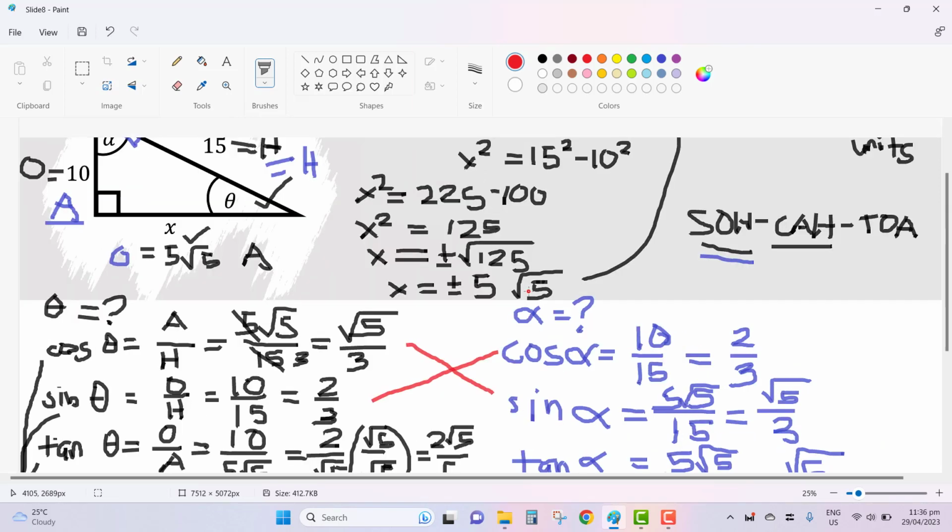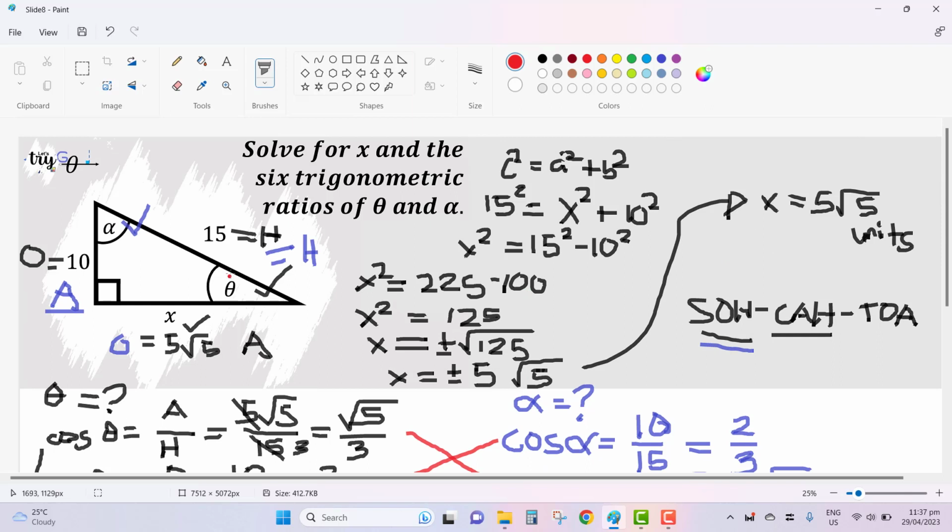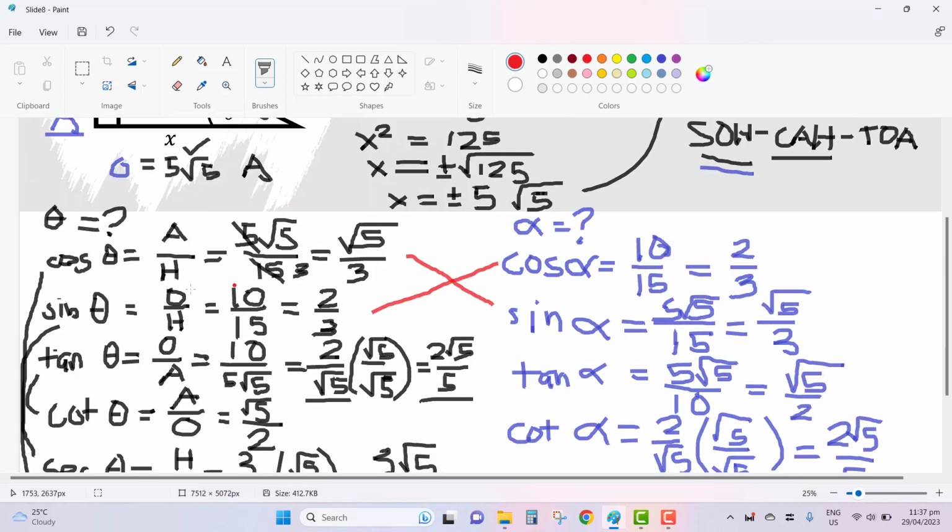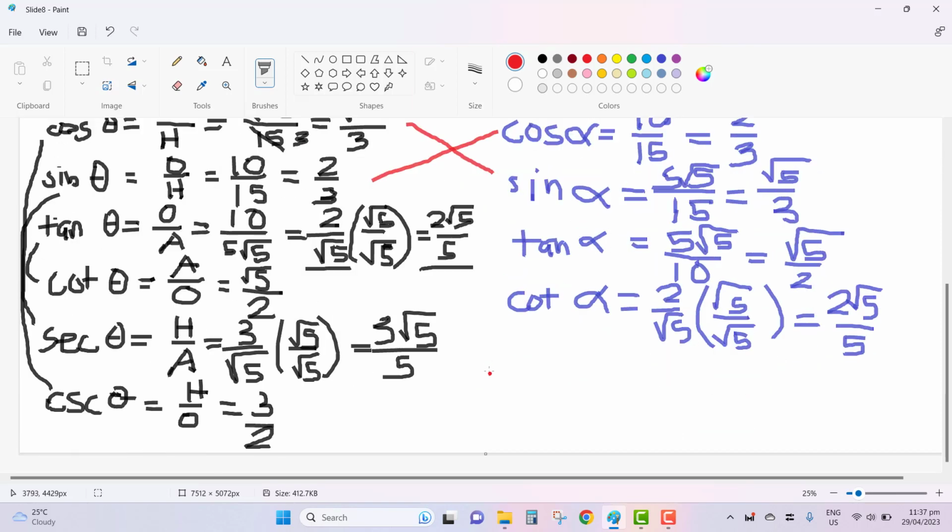This is because when you change your reference angle, the measurements of your adjacent and opposite sides were interchanged, and that would mean your assignment of A and O labels are now changed. This is also true with your tangent theta earlier, which is 2 square root of 5 over 5, is now cotangent alpha, 2 square root of 5 over 5. It's also true with your cotangent theta earlier, which becomes your tangent alpha of square root of 5 over 2.